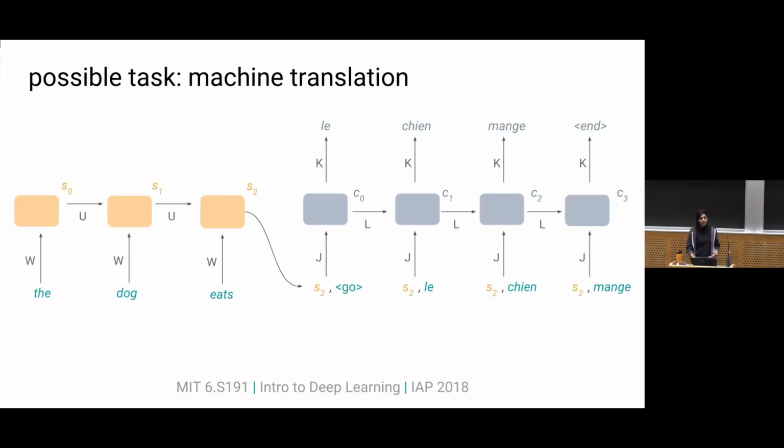The final task is machine translation. Machine translation is interesting because it's actually two recurrent neural networks side by side. The first is an encoder. The encoder takes as input a sentence in a source language like English. There's then a decoder which produces the same sentence in a target language like French.